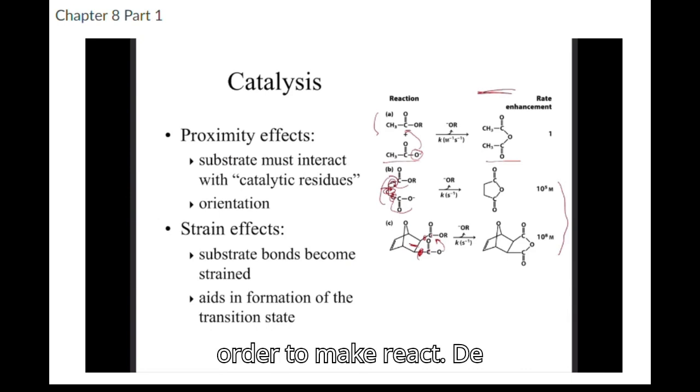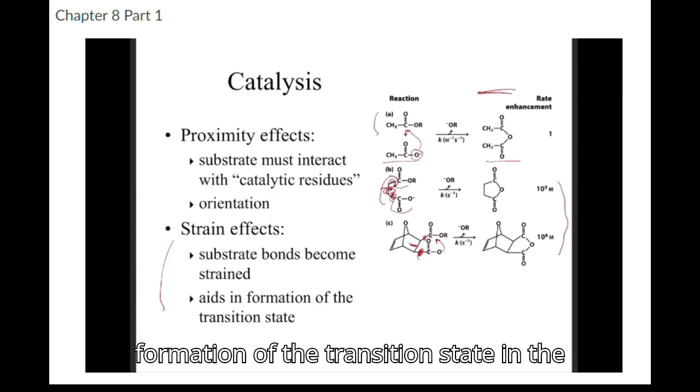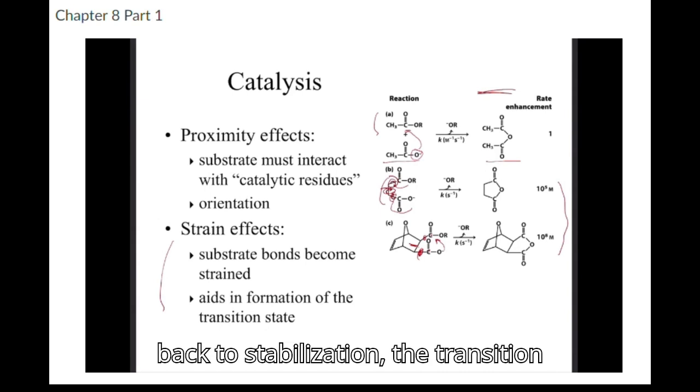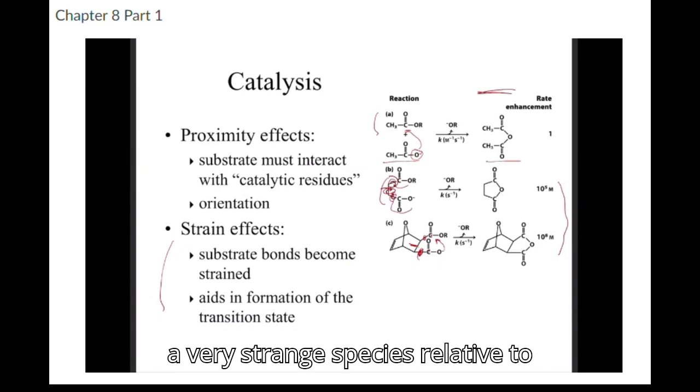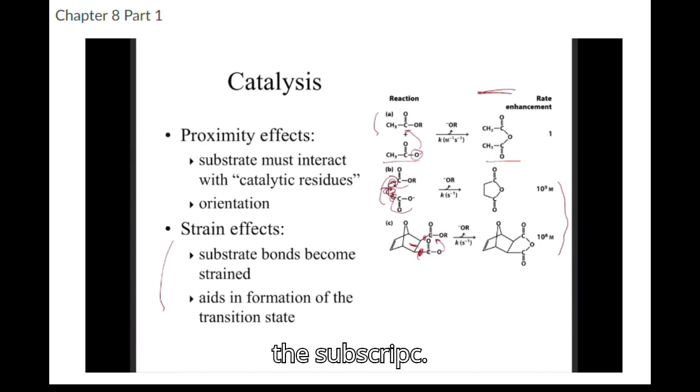The further effect that an enzyme has is in what we call strain effects. This is what allows for the formation of the transition state, and it goes back to stabilization of the transition state. The transition state is a very strained species relative to the substrate.